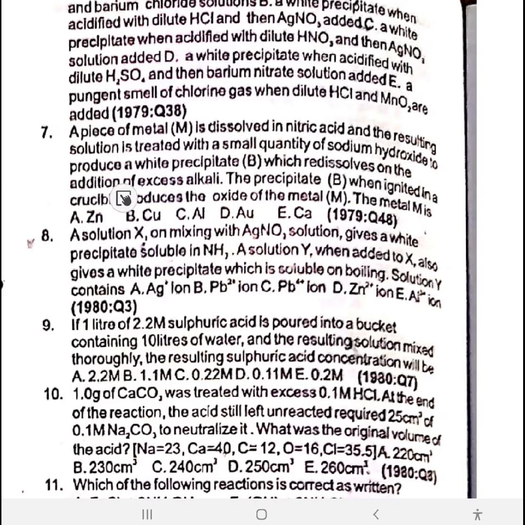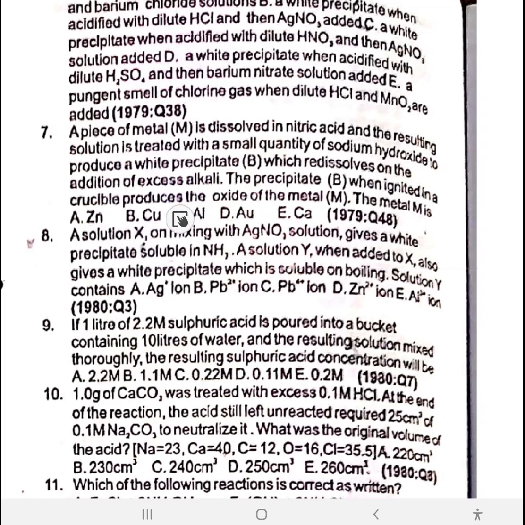Go further, to produce a white precipitate B. White precipitate, that pushes us to say it is zinc. But wait, which dissolves on the addition of excess alkali, that's zinc again. The precipitate B, when ignited in a crucible, produces the oxide of the metal. Aluminium will not produce the oxide of the metal. So the correct answer is zinc.